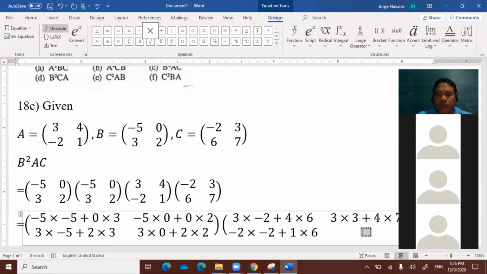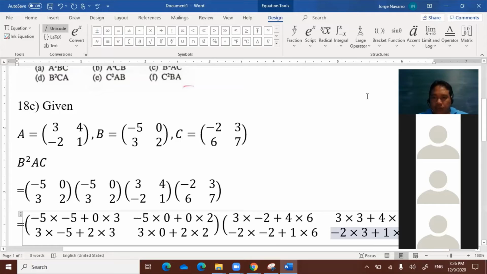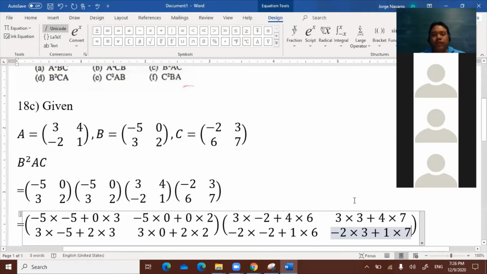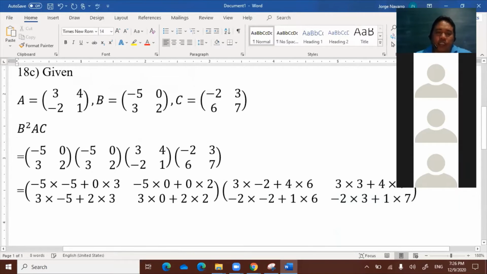Then for the last one, negative 2 times 3 plus 1 times 7. And so that will give us the values there. Let me just move you guys a little bit above so that we can see. So we have done the second step of the multiplication.